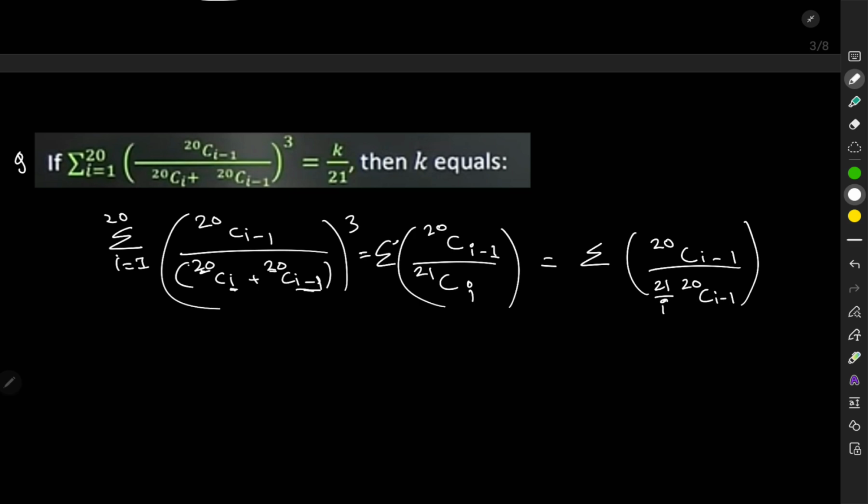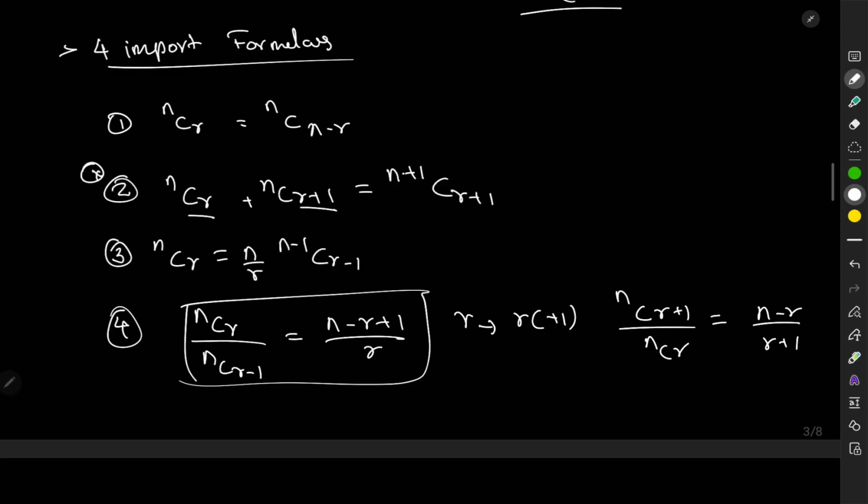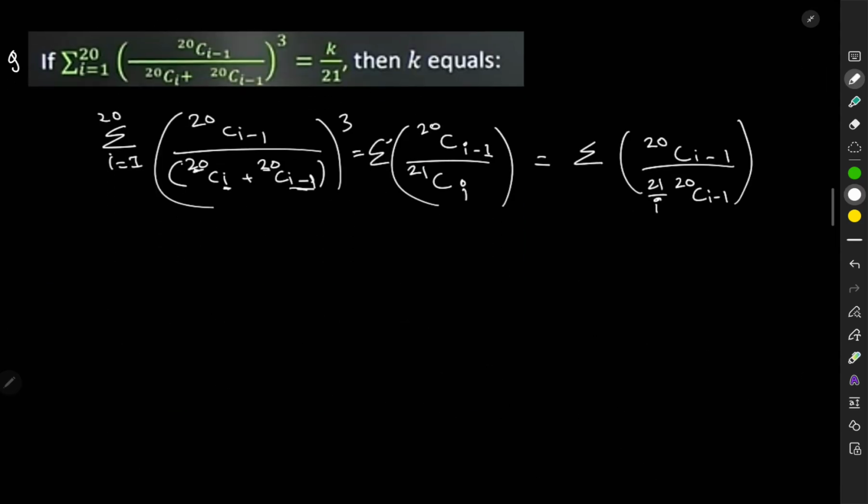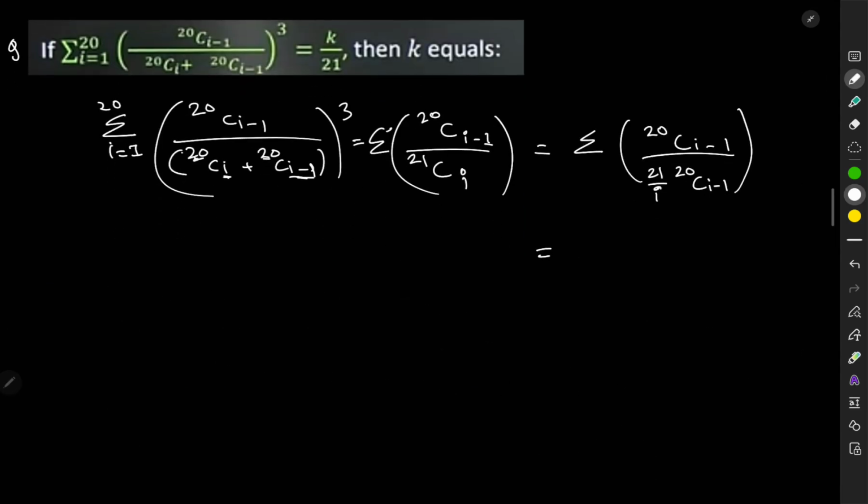Using this formula I can write it like this. So this and this will get cancelled, and I'll get i by 21.